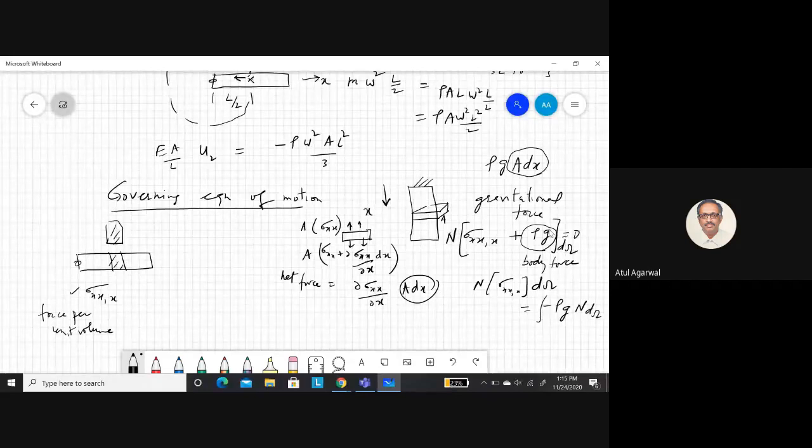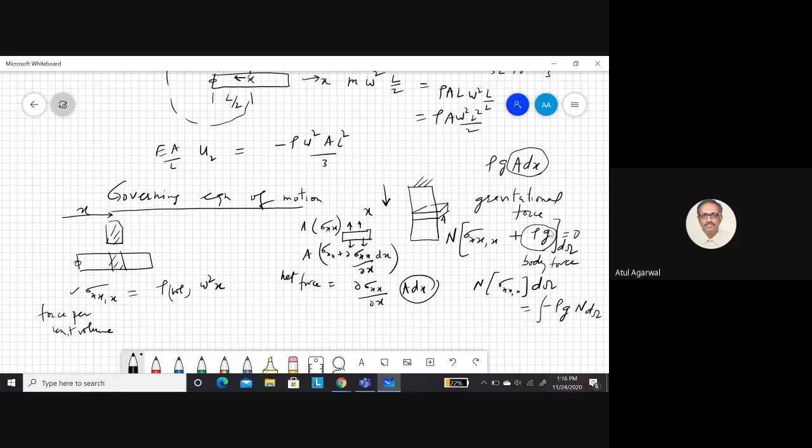Now this force per unit volume is causing an acceleration. So rho into volume into this acceleration. If this distance is x, so this is the acceleration.